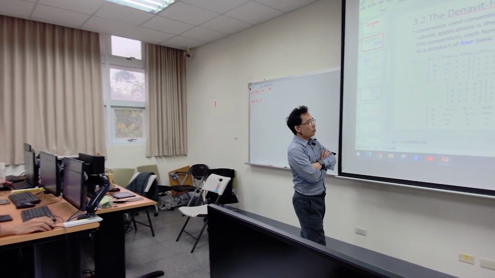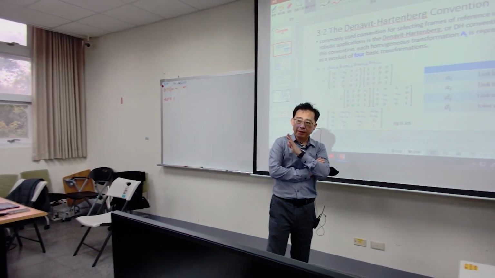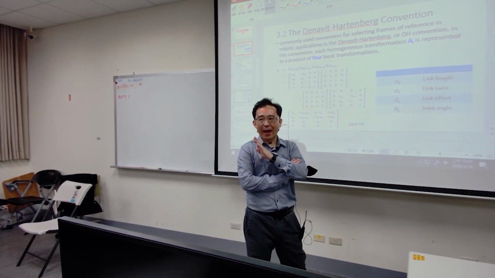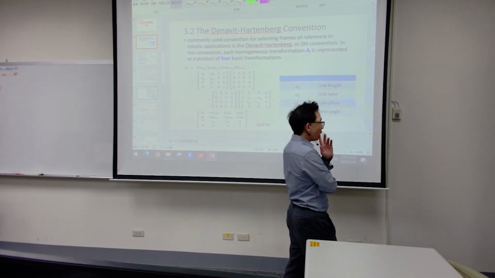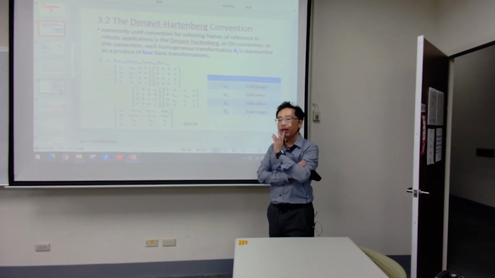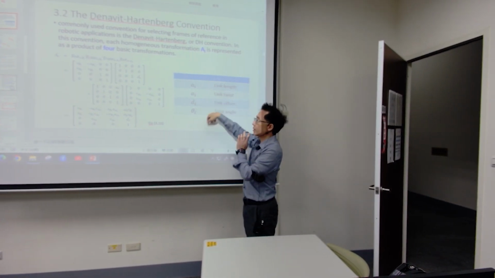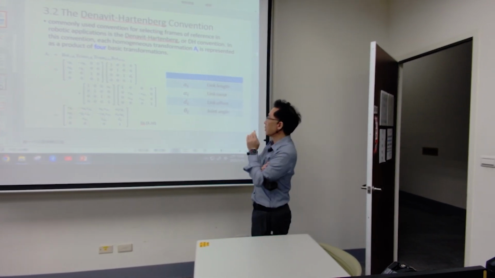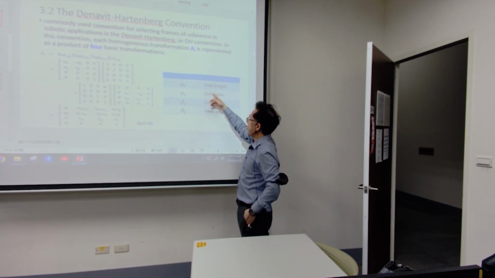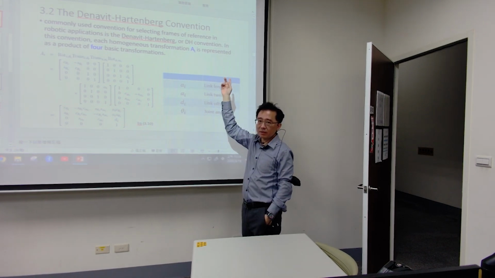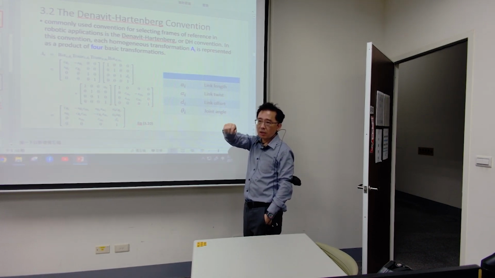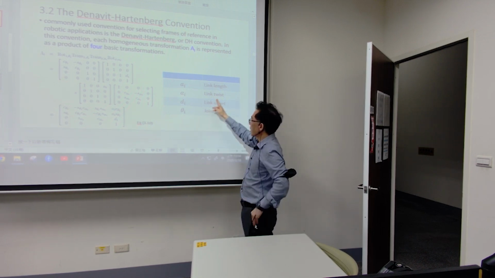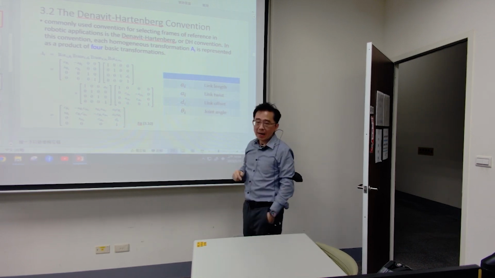Okay, so for the DH parameters, next time when people ask what the DH parameters are, then you will realize immediately, okay, these are the parameters they should provide, or we should provide. A is the link length. As the students just mentioned, this is the arm length. And this is the link offset.